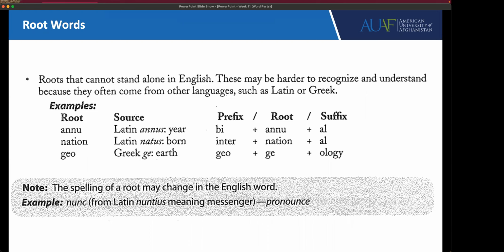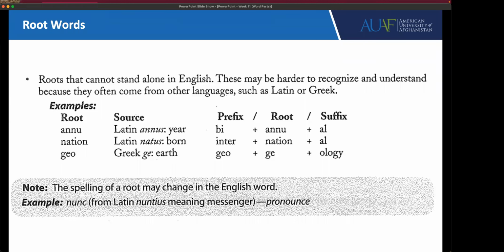Examples: root, annu, nation, geo. Go across: root, source, prefix, root, suffix. Annu: Latin annus, years.